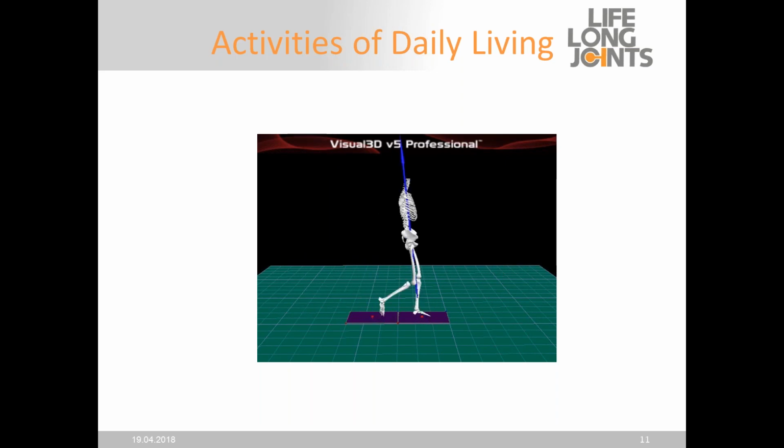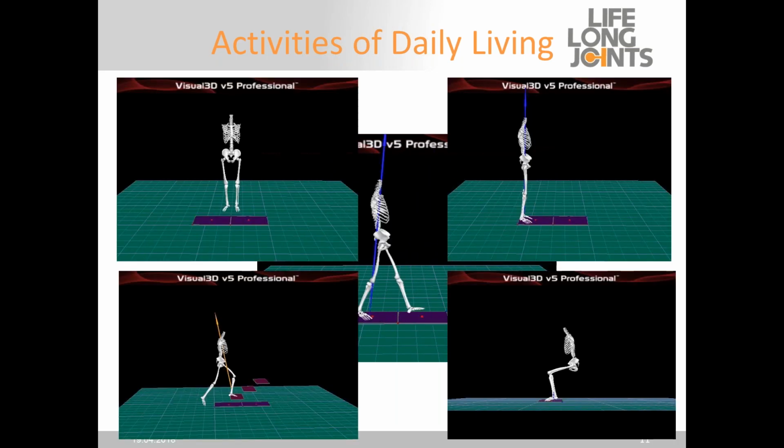So typically for our walking cycle, we looked at patients walking over a 10-meter walkway, and we did this under 2 conditions. We looked at normal walking, where our patients were just asked to walk as they would to the shops, and we also looked at a fast walking condition, where we asked our patients to walk as quick as possible without running. And we looked at some other activities of daily living as well.